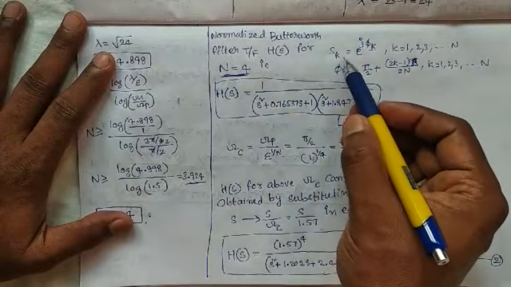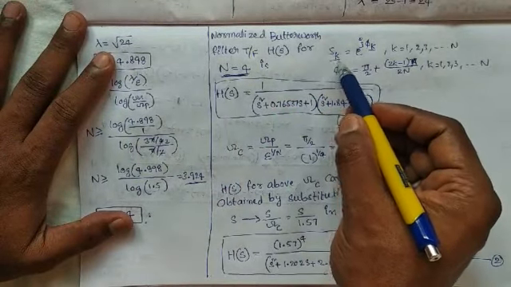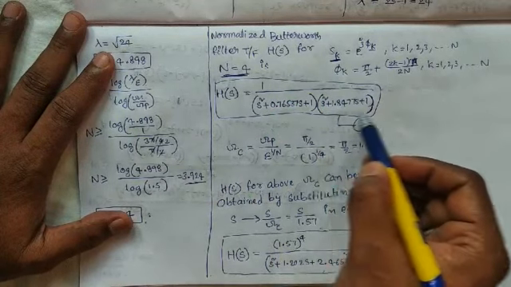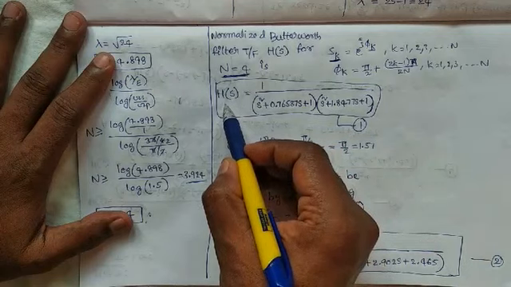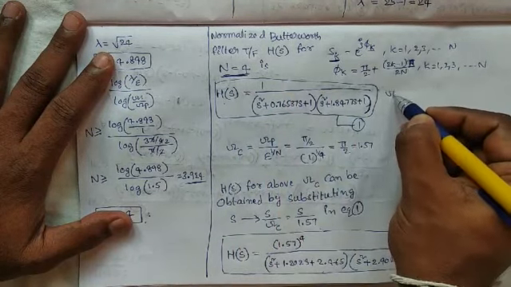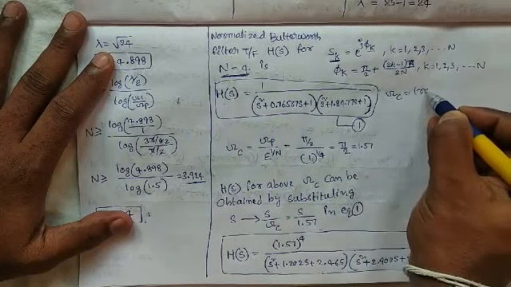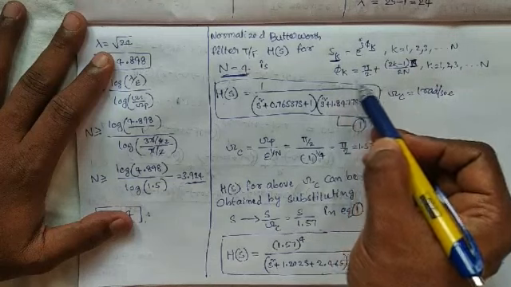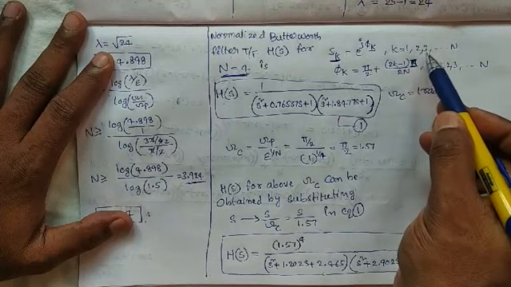By using these poles, we are obtaining the denominator of H of s for the normalized cutoff frequency, that is, cutoff frequency omega c equal to 1 radian per second. Here n is equal to 4, so k is equal to 1, 2, 3, 4.